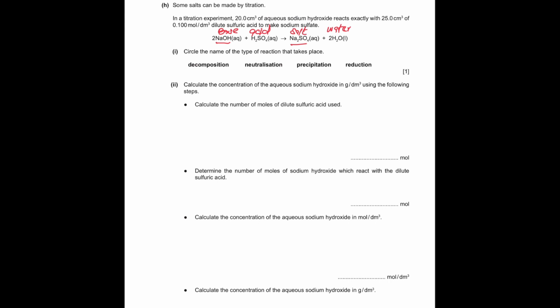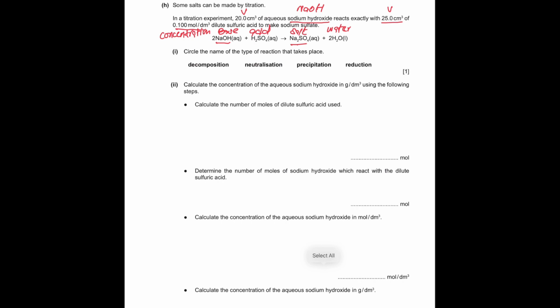So the amounts are given. Look here, here's the volume. The volume of sodium hydroxide is given, and that is the volume, again volume, and the molarity, or you can say the concentration, or molarity, the number of moles per decimeter cube of dilute sulfuric acid, to make sodium sulfate.